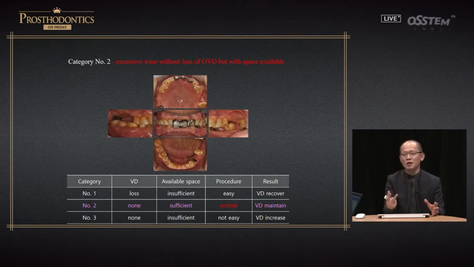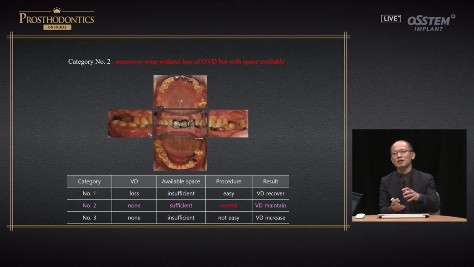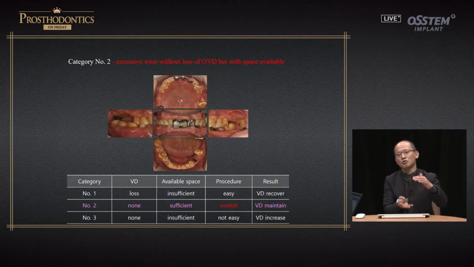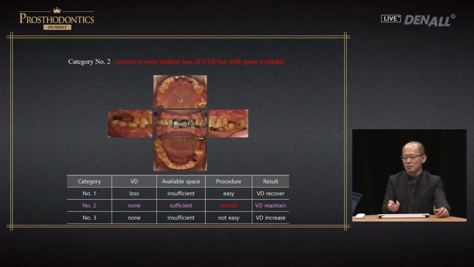On the aesthetic zone, if there's a demand, then a slight increase would do. So again, from the VD side, maintain. But aesthetically, in the criteria I talked about, the anterior height might be lower. But anyway, restoration would be possible.